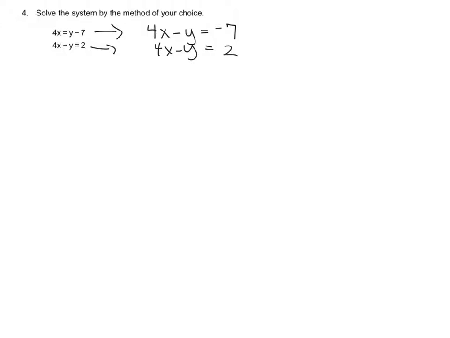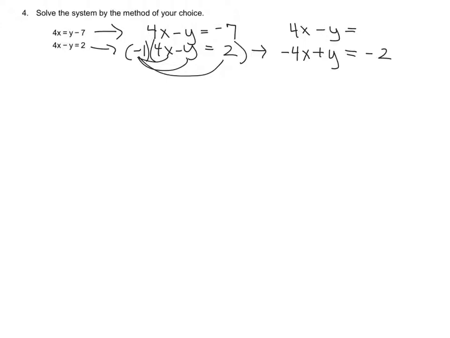So I'm going to multiply this second equation by a negative 1. And this gives me a negative 4x plus y equals a negative 2. And remember, I multiplied every single term by a negative 1. The top equation stays the same.